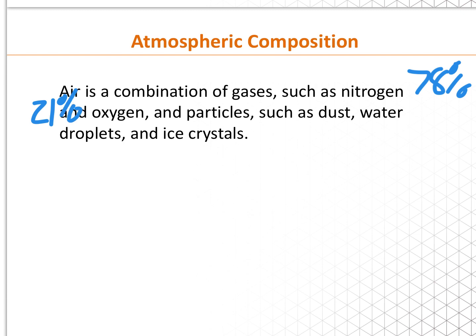And for all the mathematicians in the room, you're like, wait, so that means that 99% of all of Earth's gases are nitrogen, oxygen? Everything else you can think of makes up that 1%. And by the way, just in case you're wondering, the third most abundant is argon.